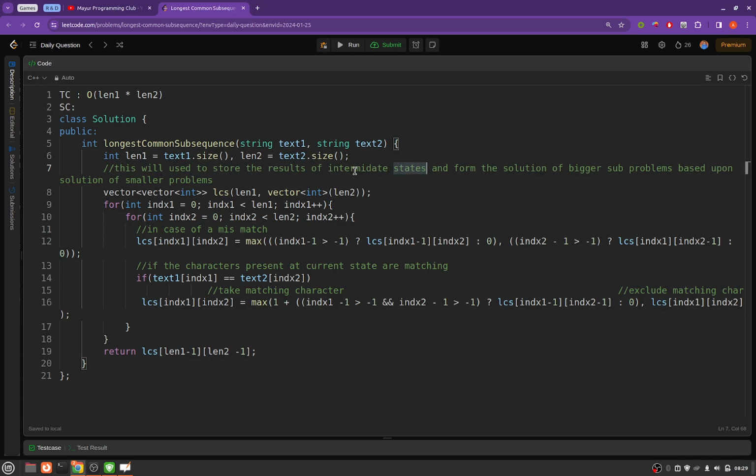This will be to avoid recalculations or extra work in case of overlapping subproblems. So this will be used to store the results of intermediate states to avoid extra work in case of overlapping subproblems, and to form the solution of bigger subproblems based upon the solution of smaller subproblems. So for the space complexity part, it will be the same, nothing different here.